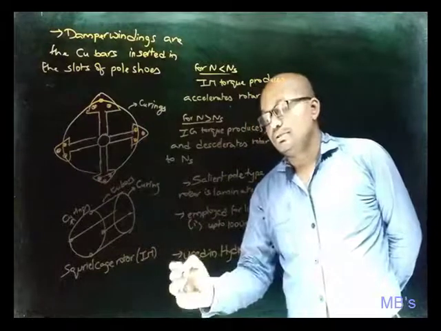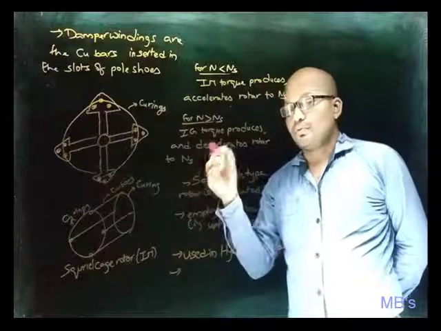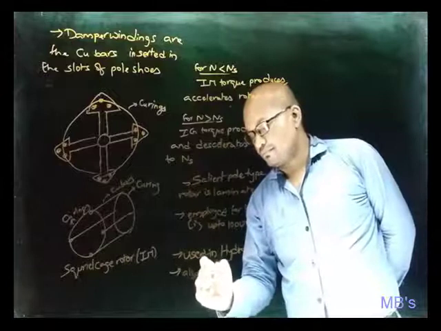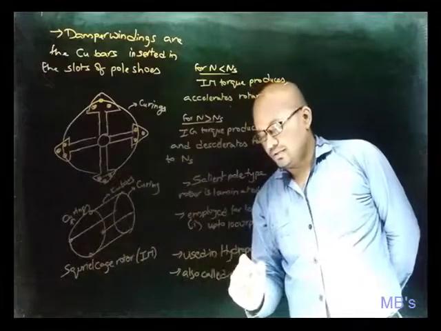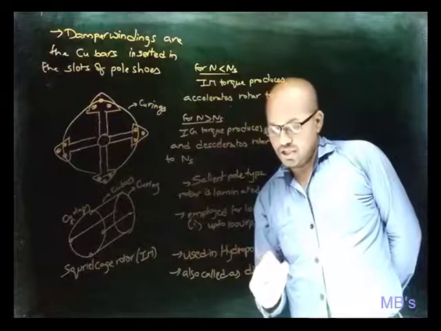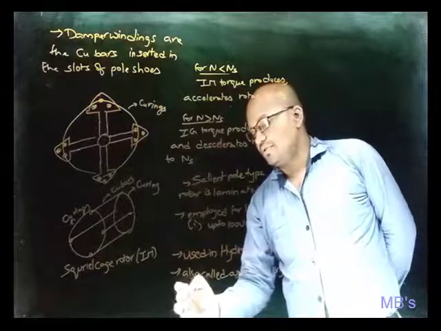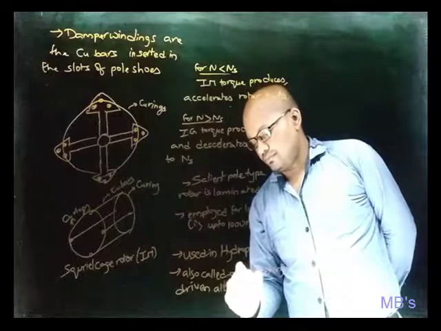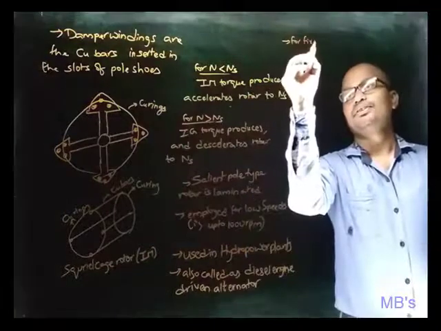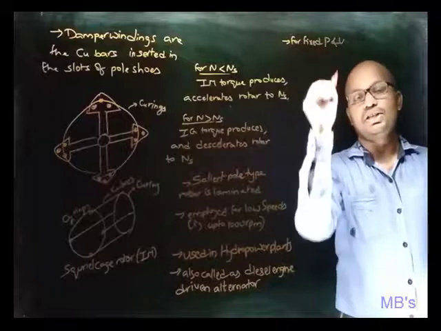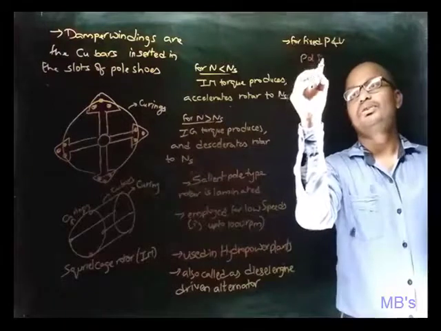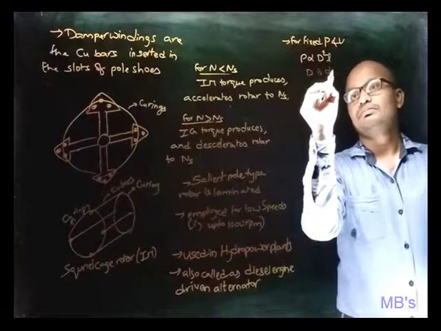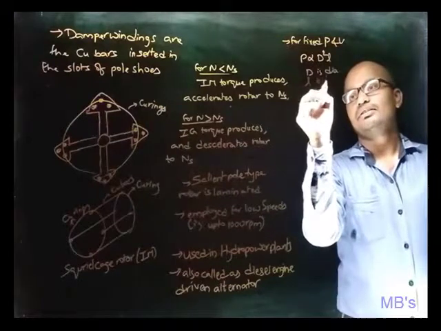And this salient pole type of alternator is also called diesel engine driven alternators. For fixed power and voltage, P is directly proportional to D square L, where D is diameter and L is length.